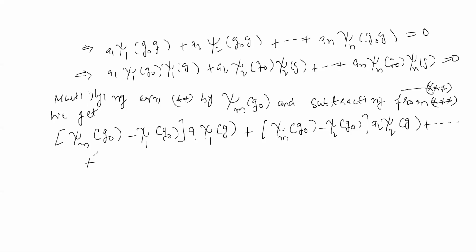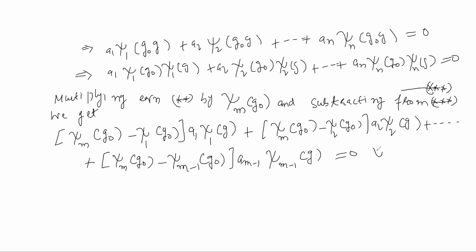The mth term would cancel out, and the last term is chi m g naught minus chi m minus 1 g naught times A m minus 1 chi m minus 1 g, equal to 0 for all g in G.